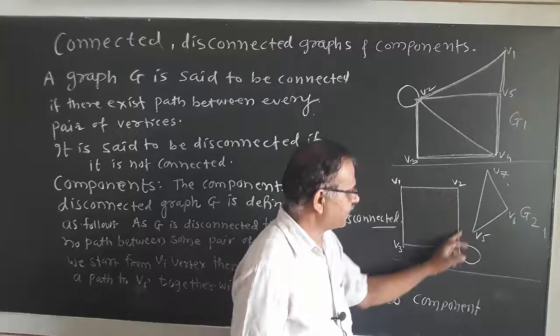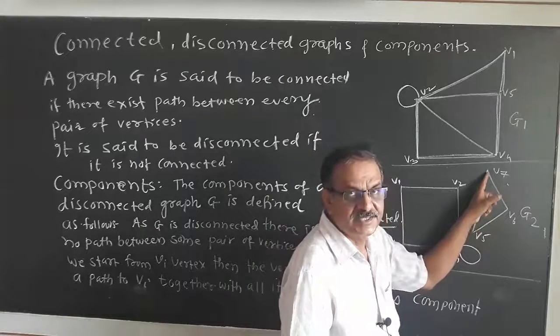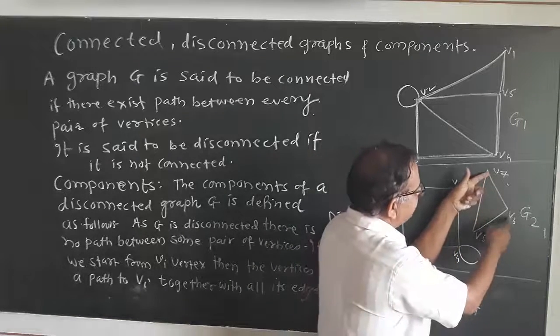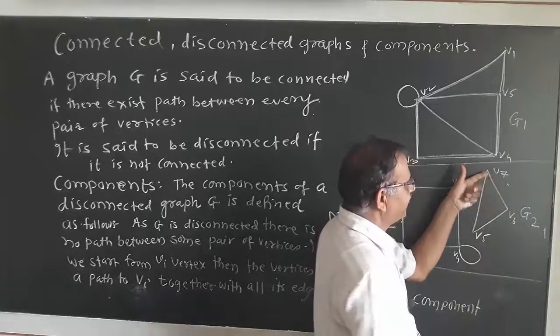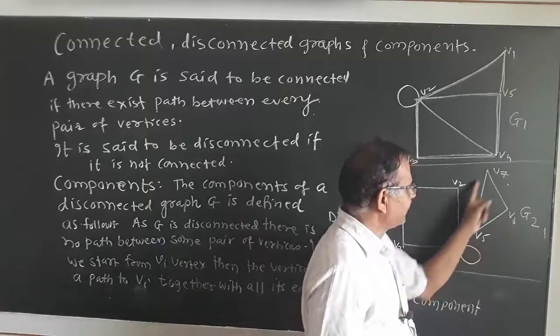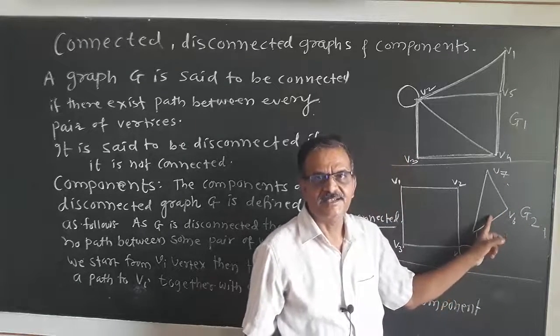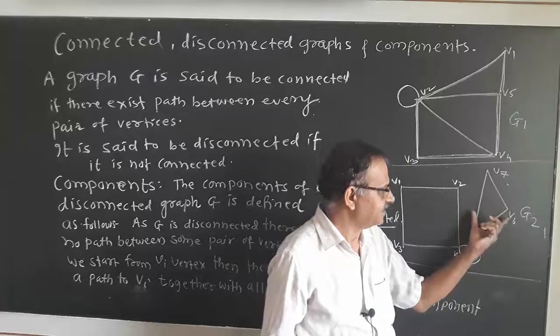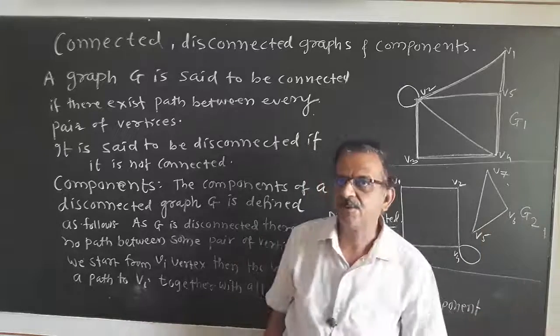Therefore, this is the first component. If we start from V7, then V6 has a path to V7, V5 has a path to V7. Therefore, V7, V6 and V5, these vertices together, all the edges incident on that vertices is called as component. And therefore, this is the second component. Thus, this graph G2 is divided into two components.